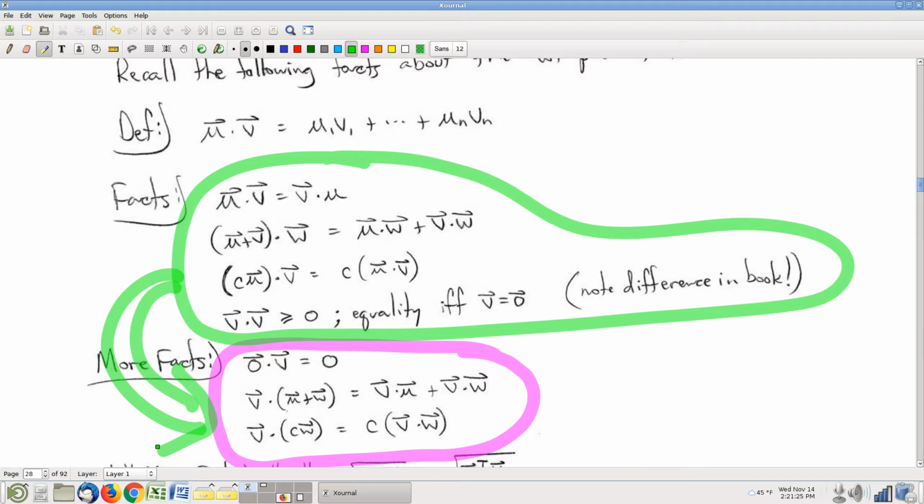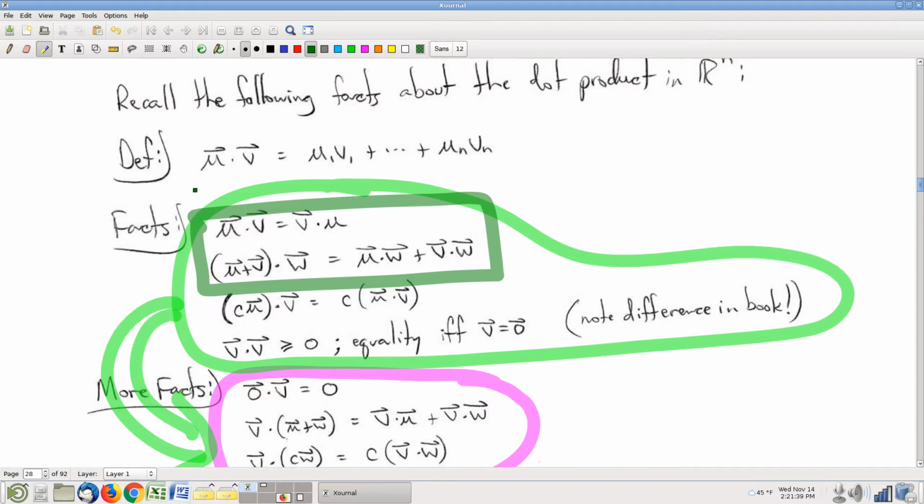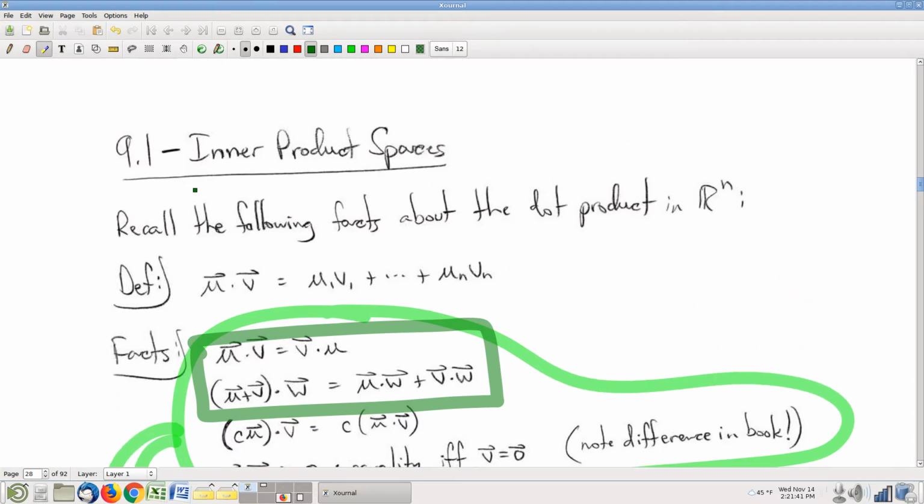So, for example, once you know that properties 1 and 2 are satisfied, so you can switch left and right, you have commutativity, and you know that your candidate inner product has right side distributivity, well, just switch it.